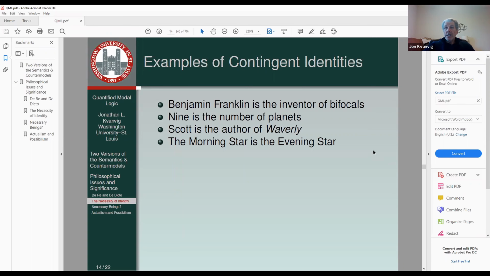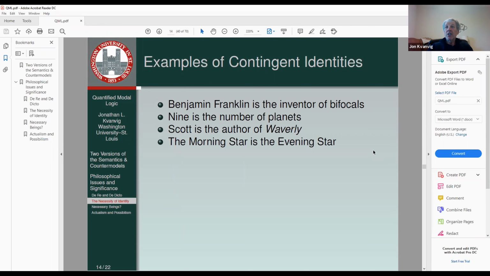So the morning star is the evening star. All of those are identity claims. They're not predications. They are identity claims. That's the idea. So they give us examples of identity claims that are not necessary identities.